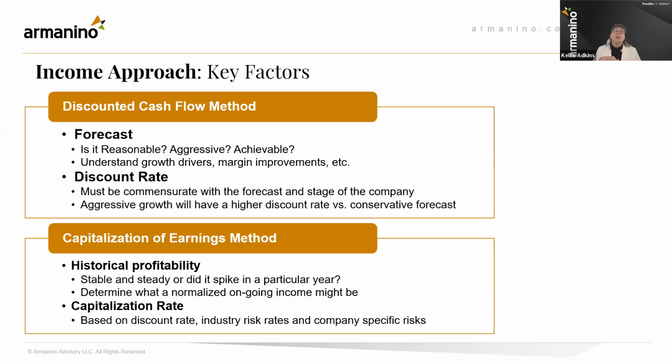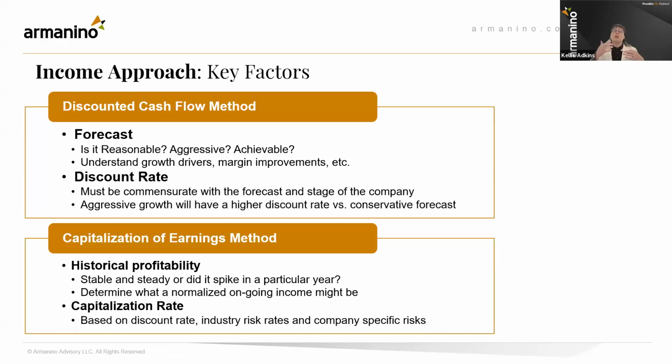One of the other things too is benchmarking against the reasonableness, aggressiveness, is it achievable? Back to that other slide that Curtis was sharing a while ago around your guideline public companies. A lot of times, we might not just look at the historical company financials and how the company has performed historically with growth and margins.